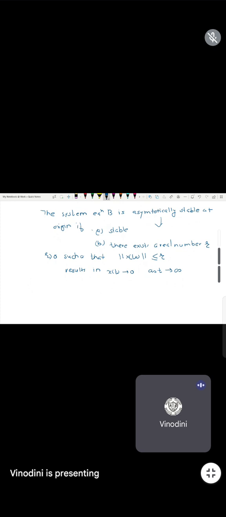Now, if the system of equation B is asymptotically stable in large, then what will we also write?